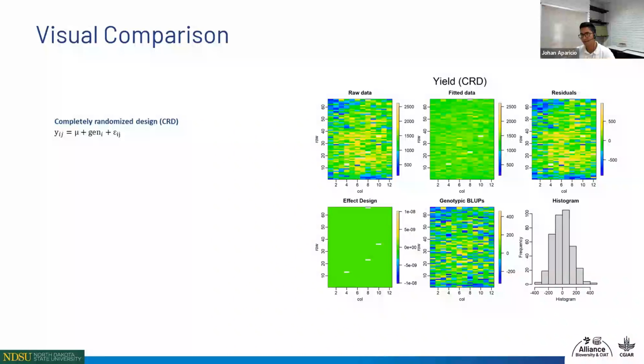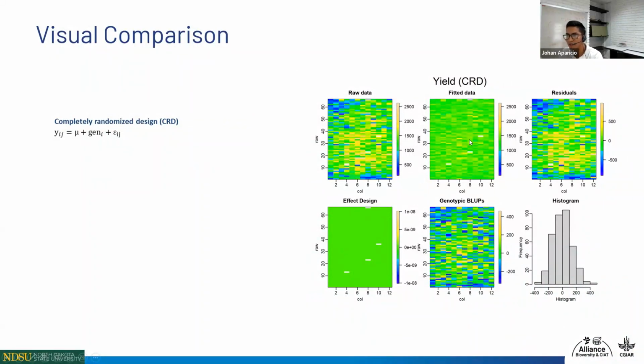It's just the difference. Effects, we don't have anything else in the equation, so we are not going to see something here because we only have the mean, the genotypic factor and the error. So here we have the genotypic BLUPs, the residuals, and this is just a histogram of the genotypic BLUPs. Look at this.